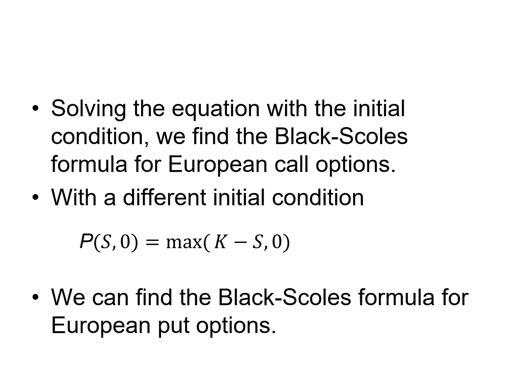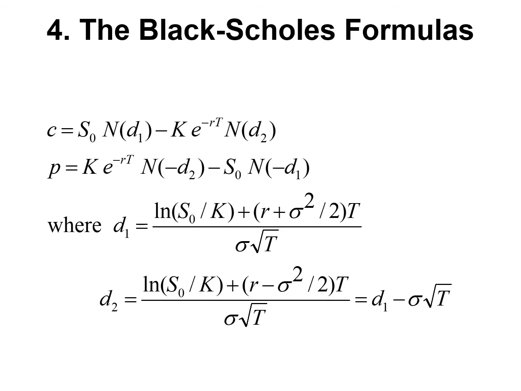Solving the equation with the initial condition, we find the Black-Scholes formula for European call options. With a different initial condition, the put price initial condition is maximum K minus S or zero, we can find the Black-Scholes formula for European put options. Here are the Black-Scholes formulas.